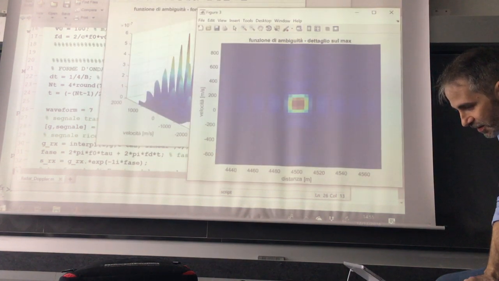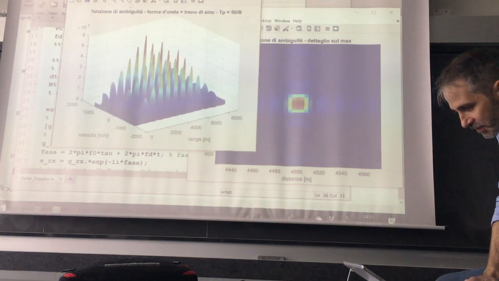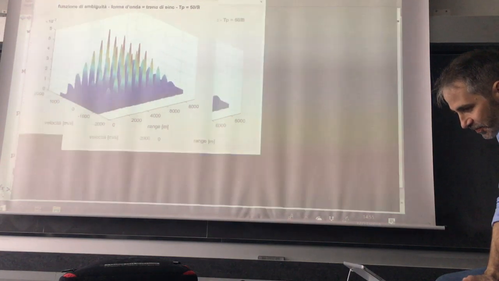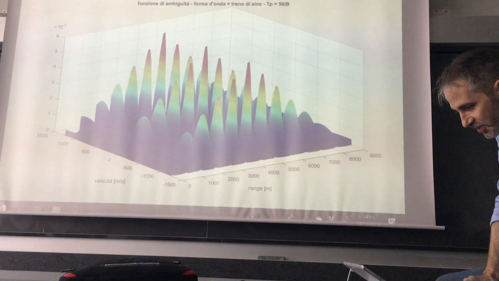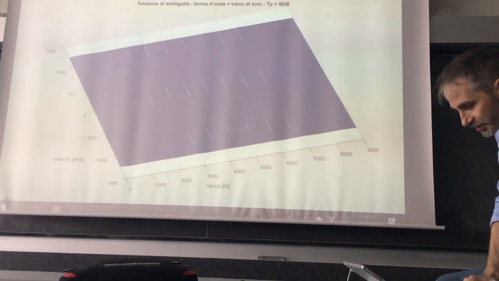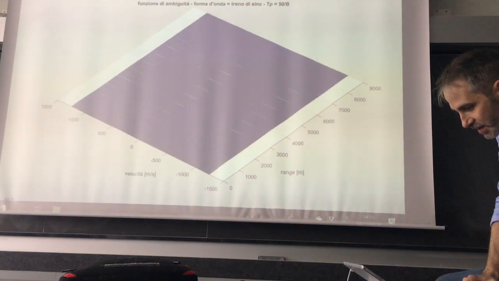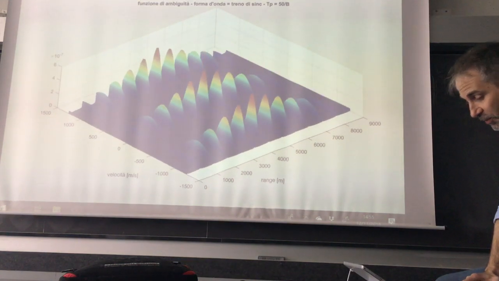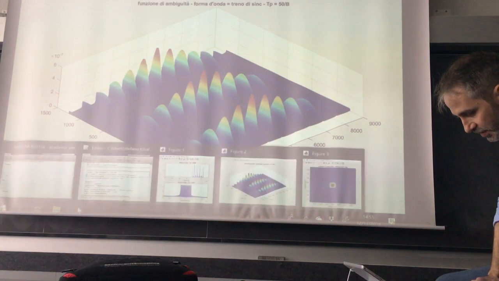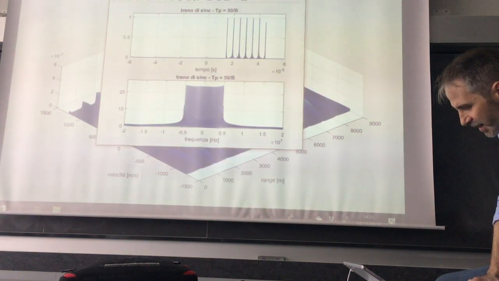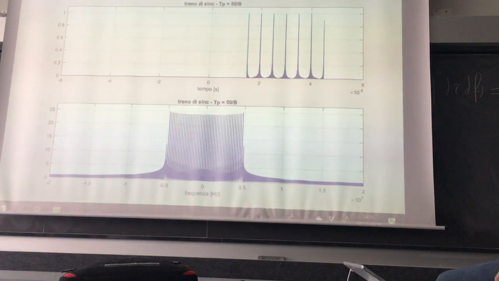And let's see. So truth is that in this case we have a lot of peaks. So this is our ambiguity function, and the waveform that is giving us this particular ambiguity function is a train of cardinal sines.